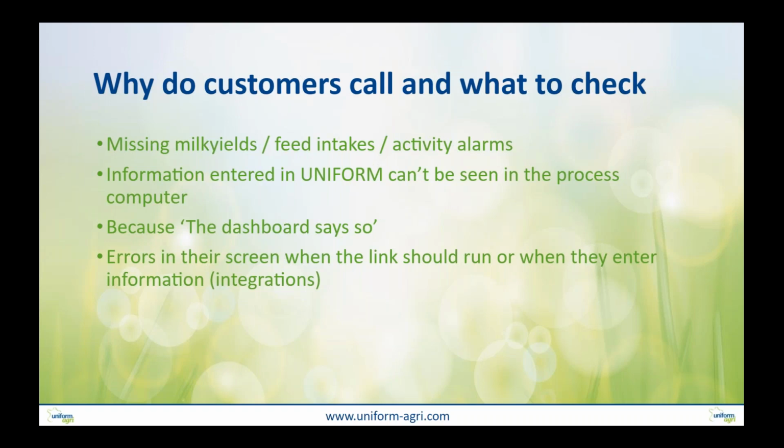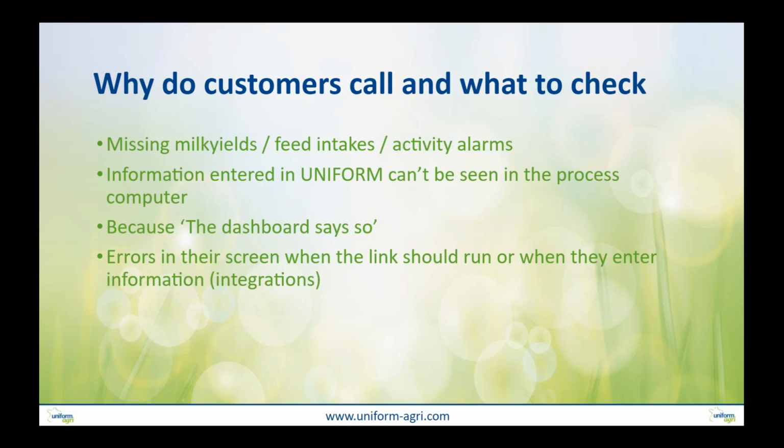So for an integration, for example, errors can pop up whenever they enter information. If that happens, they'll call us and say, okay, I cannot enter information even in Uniform. But then, based on the error they'll get, we can tell them, okay, it's indeed based on Uniform, or it's an error that has its origin in the process computer because it cannot accept our information.